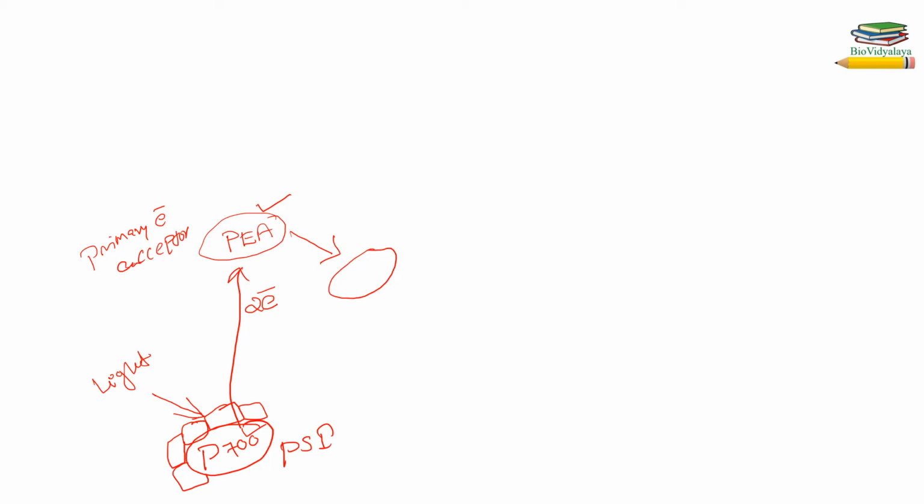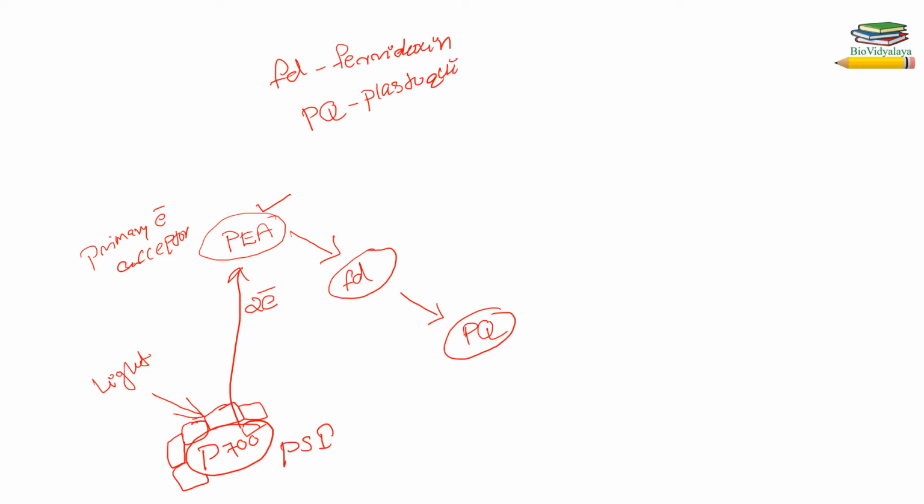The first one is ferredoxin, FD. The second electron acceptor is plastoquinone, PQ.